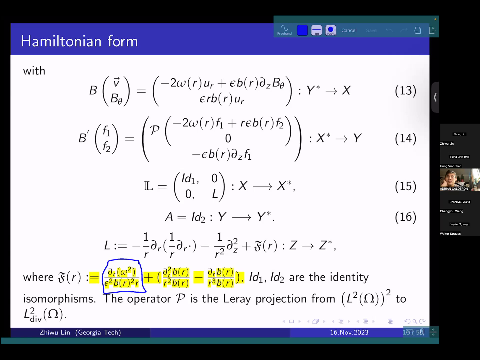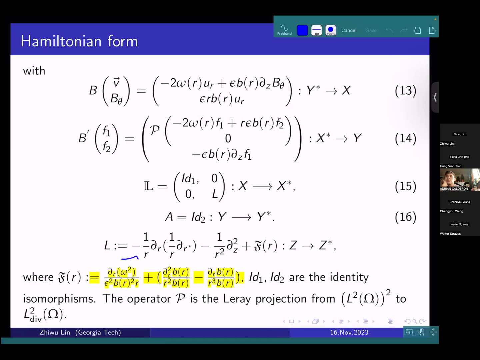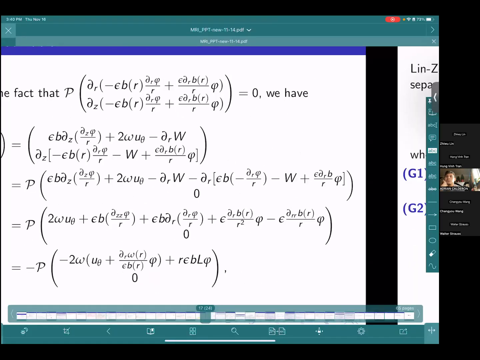On the other hand, if partial R omega squared is positive everywhere, then the first term becomes very positive when epsilon is small. This will dominate over the other 2 terms. In other words, you cannot get any negative eigenvalue, and you get linear stability. So it's very easy to see from the form of this potential function. Okay, so this is the first corollary.